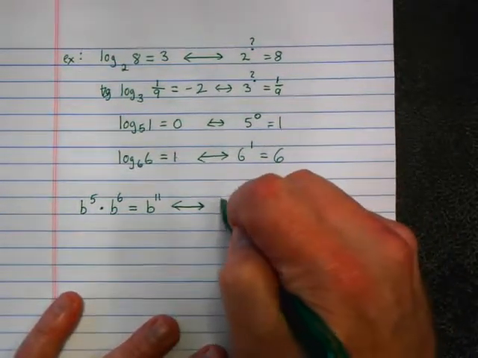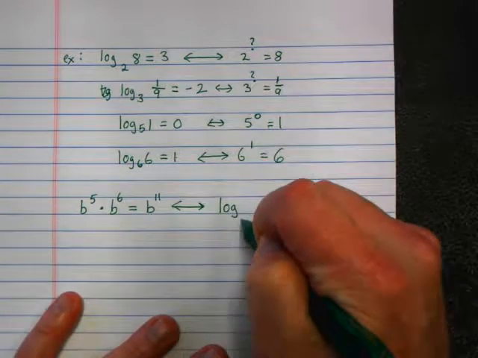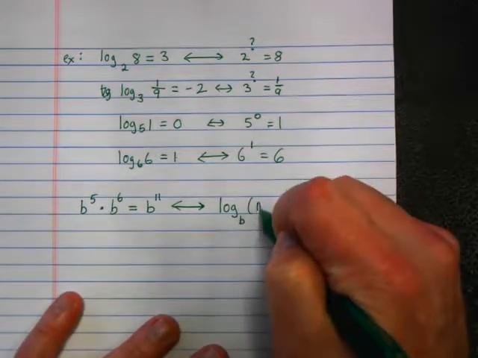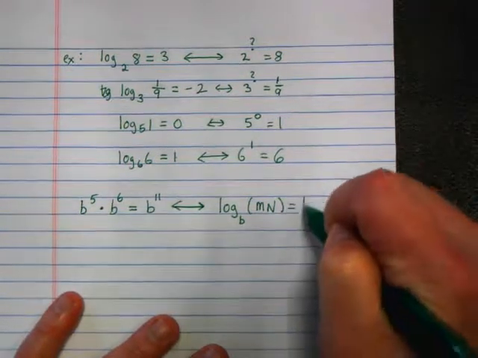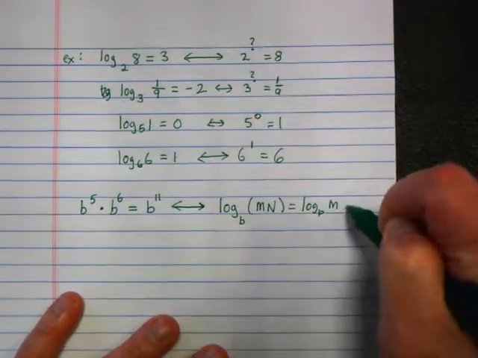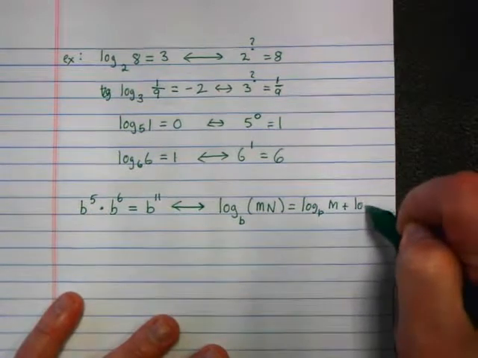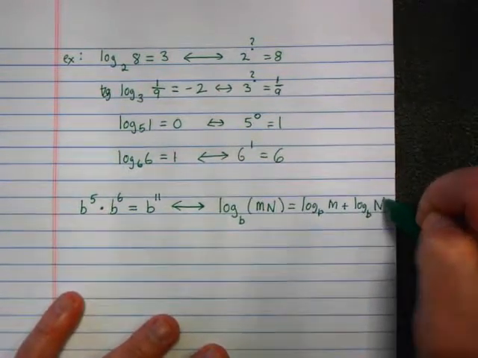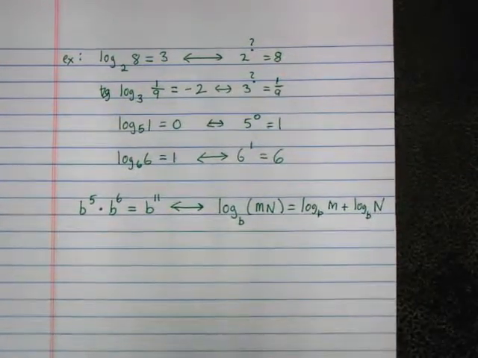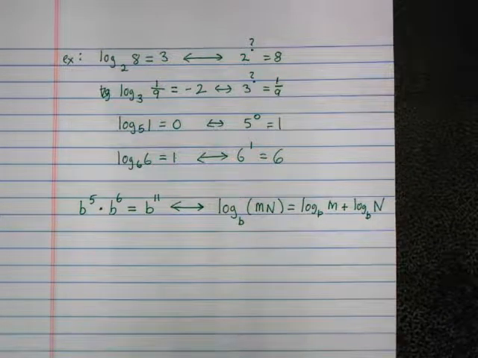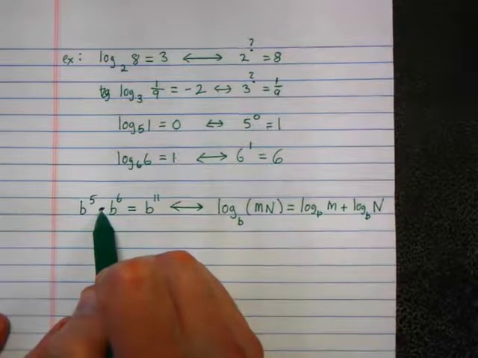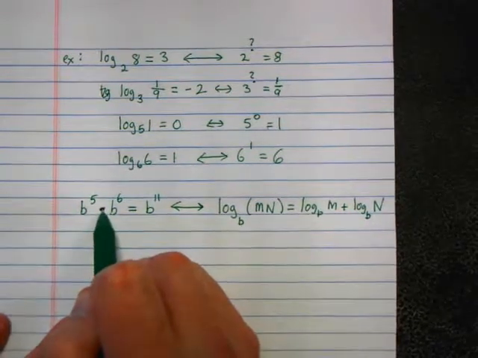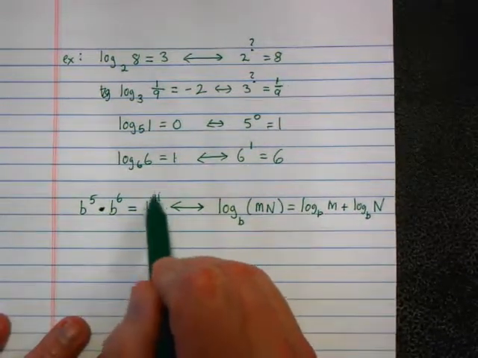The equivalent rule for logarithms is log base b of m times n is log base b of m plus log base b of n. So notice, exponents had multiplication on the outside, and we added 5 plus 6 and got 11.